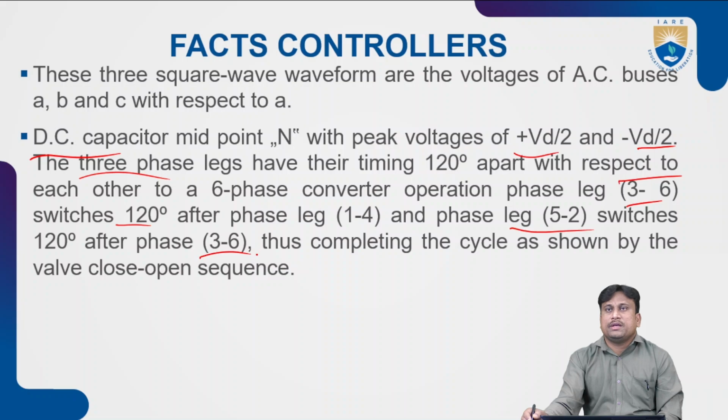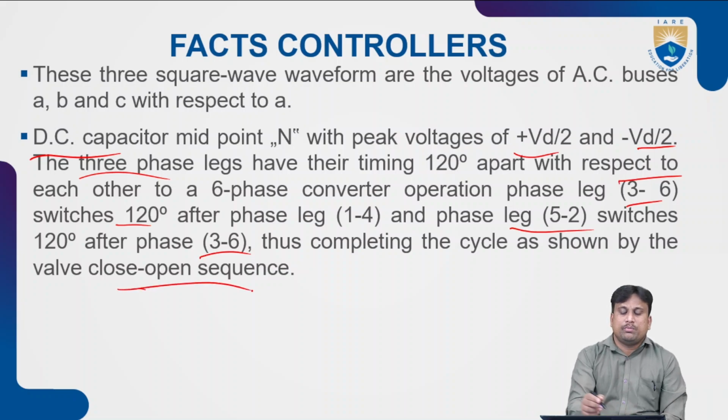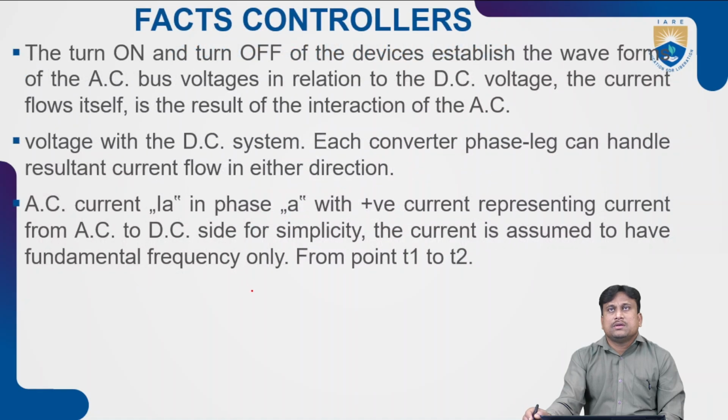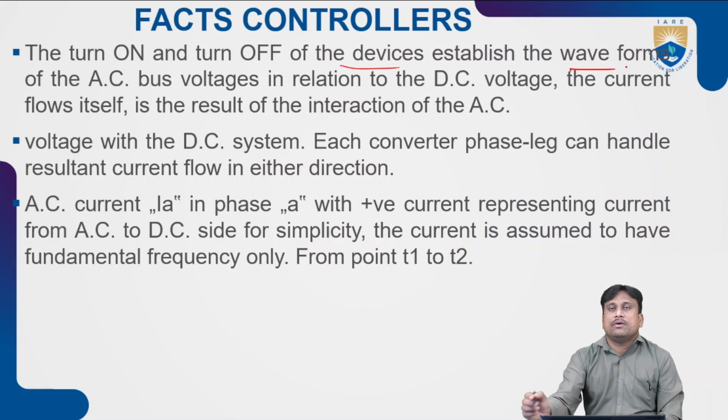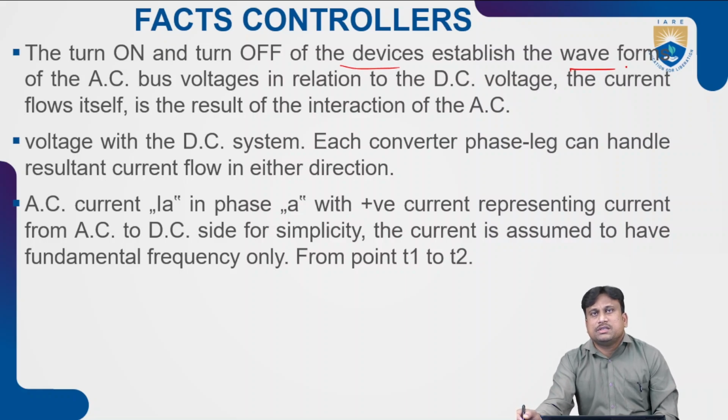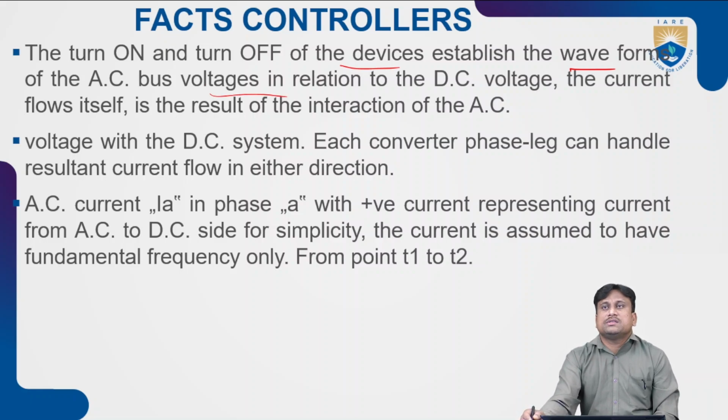Thus it will complete the cycle as shown by the valve that will close to open the sequence. So to make the turn on and turn off operations of the devices, it will be ready to establish the waveforms. That means this is existing with the AC bus voltages in relation to the DC voltage case.